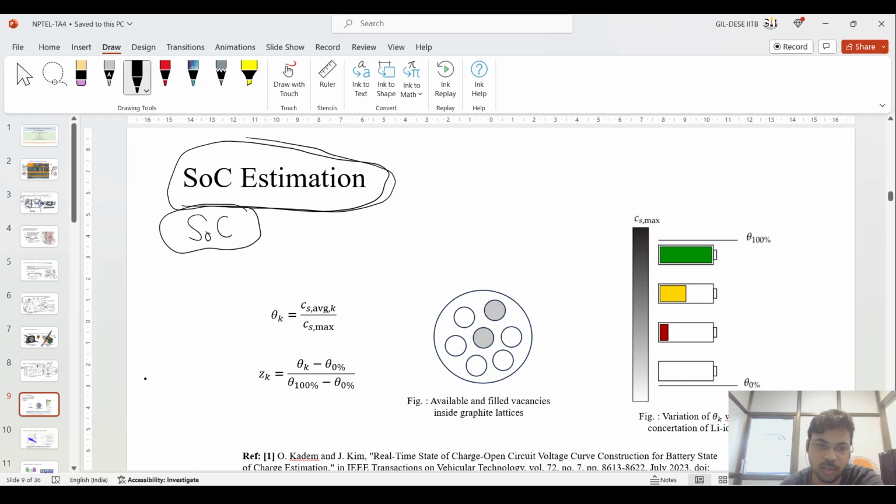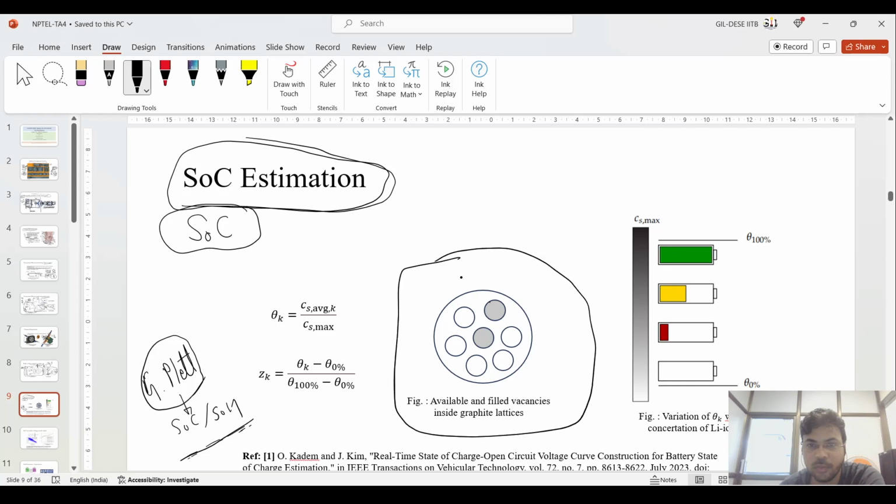So this SOC estimation measurement technique I have taken from the Gregory G. Plett book. He is a very renowned professor from Texas, and this person mainly works on SOC, SOH, and this BMS kind of system. So he has given a correct SOC estimation technique.